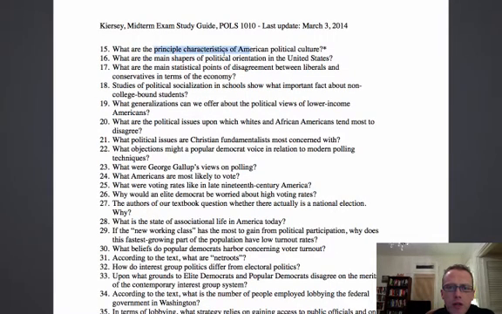So, what are the principal characteristics of American political culture? We have just been discussing this to some extent, but it goes back to Tocqueville. The idea that Americans are great participants in voluntary associations. They are self-driven. They come together to resolve local issues with gusto.